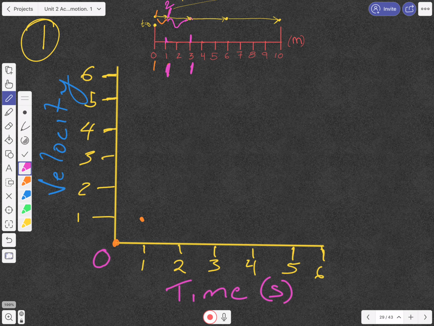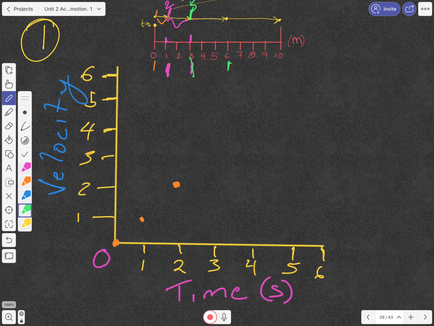So it'll be here. And some of you may have noticed the pattern, but if not, our 3 second is here. So from 3 to 4 seconds, it has gone from 3 to 6 meters.